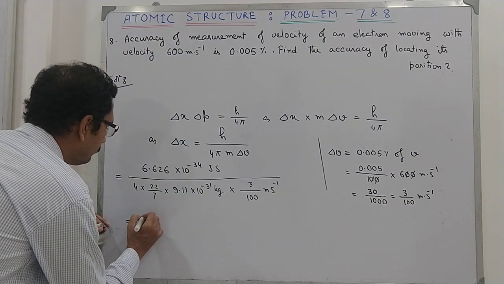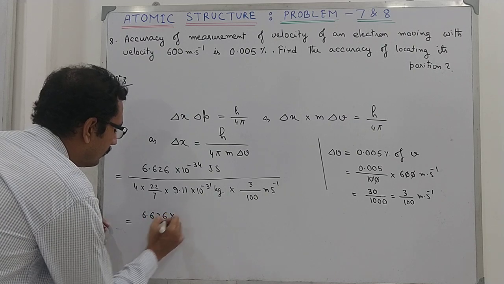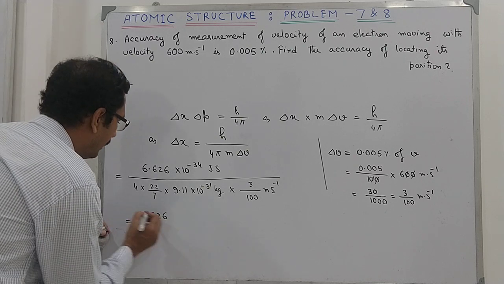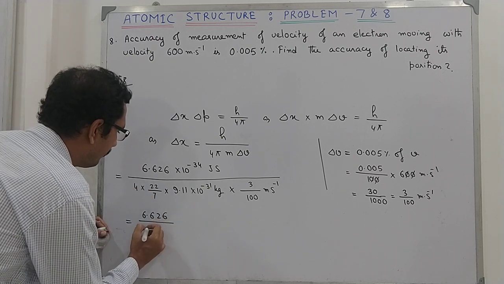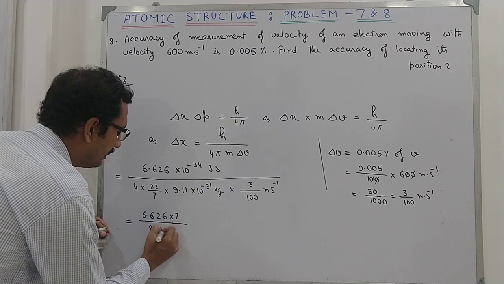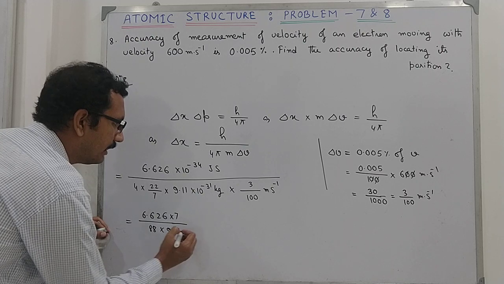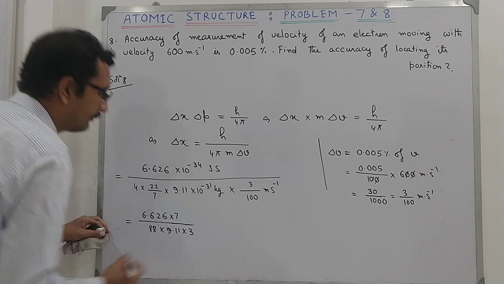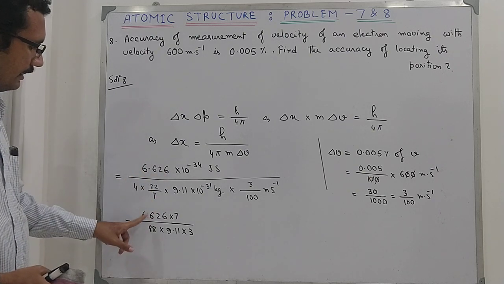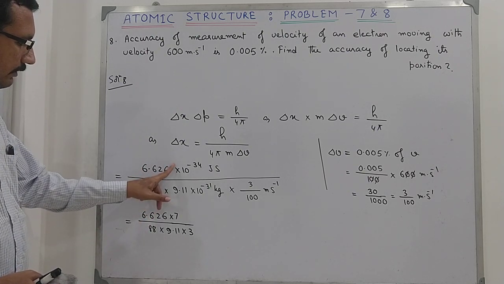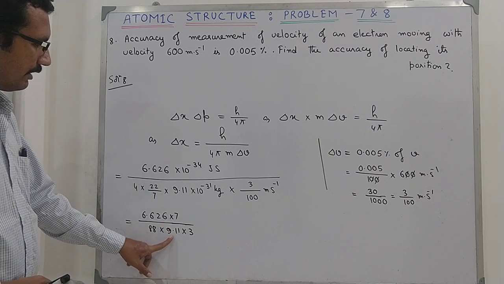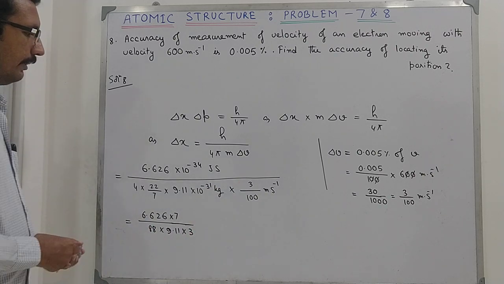Now we take 6.626 here, and this 4 into 22, it will be 88. We take 7 in the numerator, here it is 9.11 into 3. Be careful, we take this 6.626 here, this 7 will go to the numerator, this 4 into 22 is 88, this is 9.11 and this is 3.